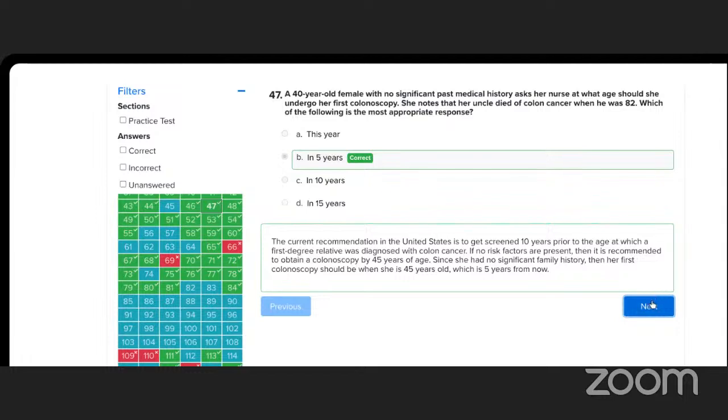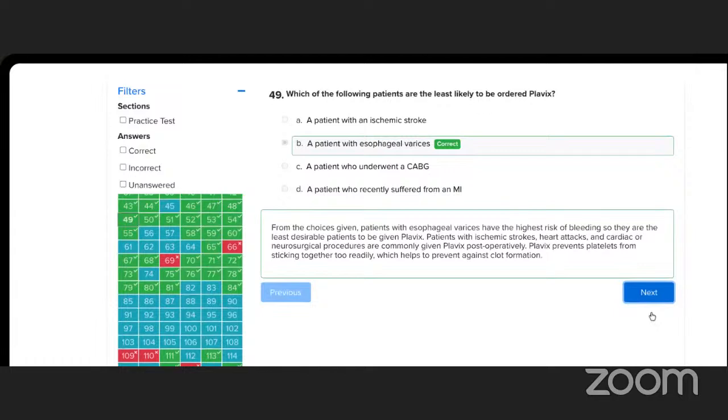So 47, 49. Which of the following patients are the least likely to be ordered Plavix? From the choices given, patients with esophageal varices have the highest risk of bleeding. So they are the least desirable patient to be given Plavix.